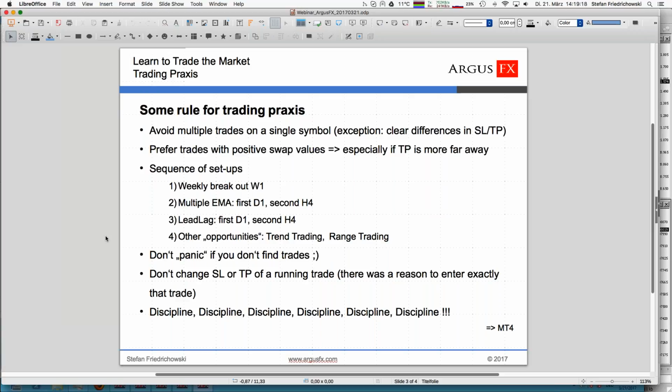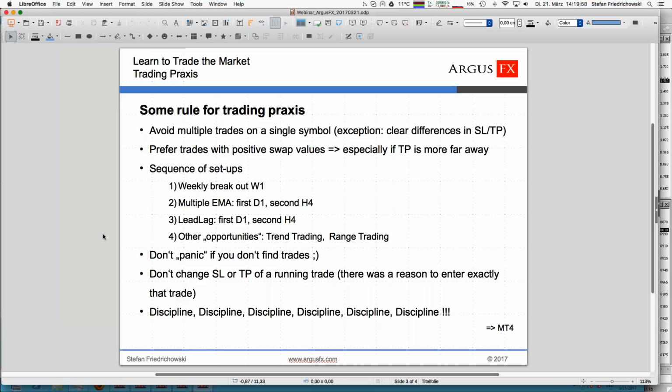But this discipline is the one thing which disturbs all our private trading activities by far the most, and that is that we don't apply our rules, that we change our rules as we speak, that we use different rules today compared to tomorrow, compared to yesterday. So really to be disciplined in trading activities is something which is extremely important.